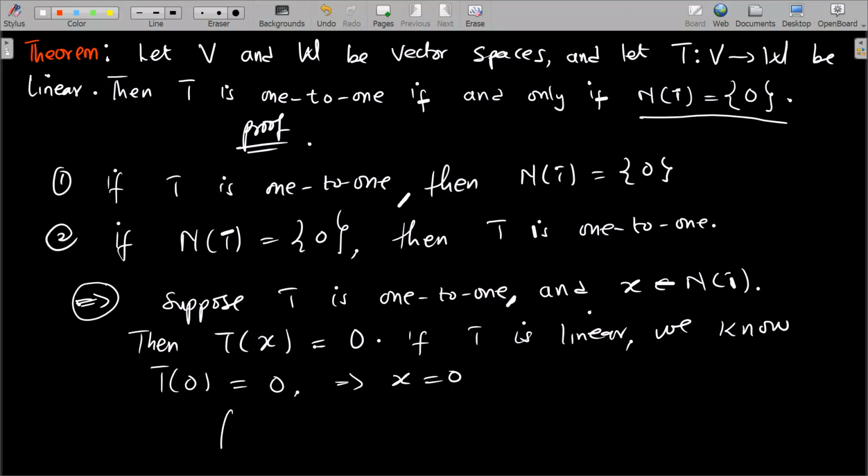So for every vector x you pick in the null space, that vector should be the 0 vector. This x that we picked was arbitrary, so the null space of T should be equal to just the 0 vector, because we picked an arbitrary x, and it turns out that x must be 0. So we have that part proved.